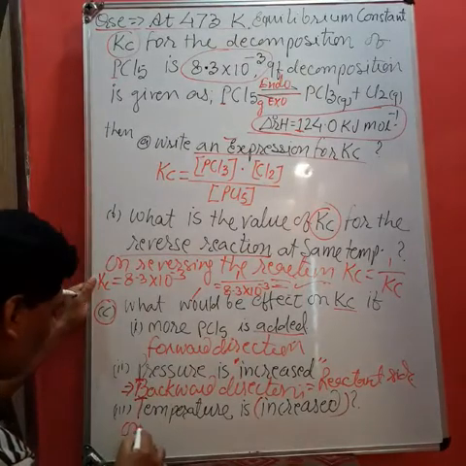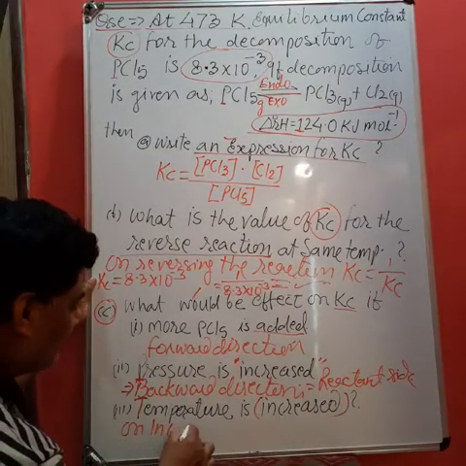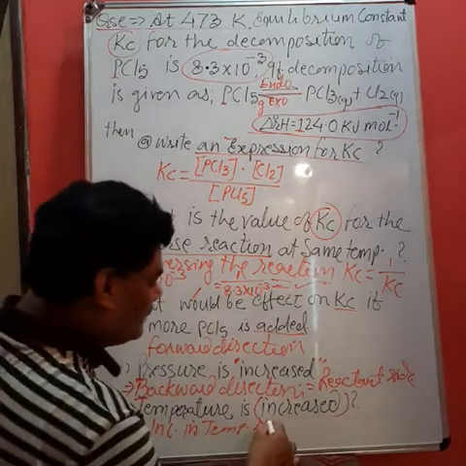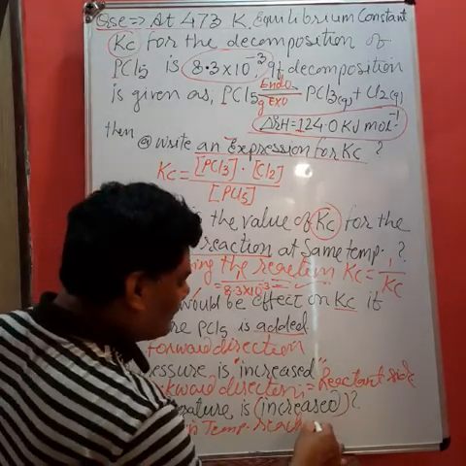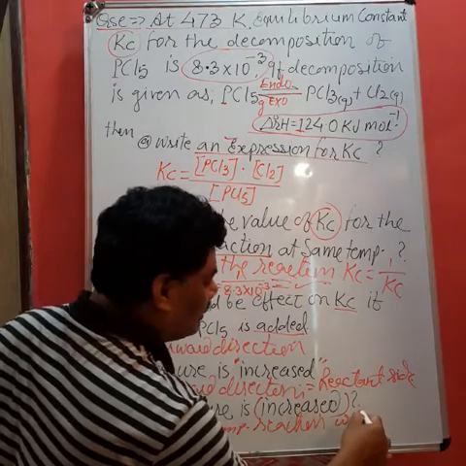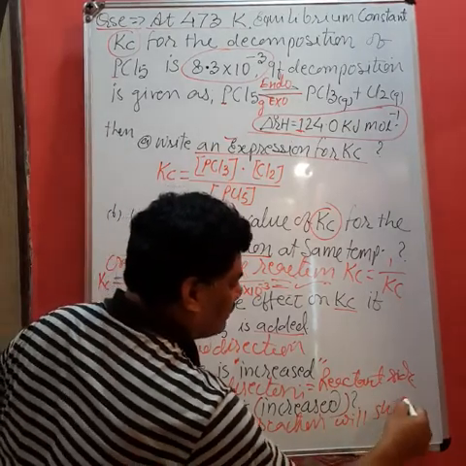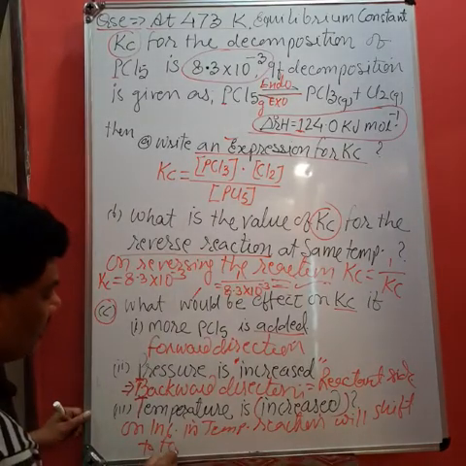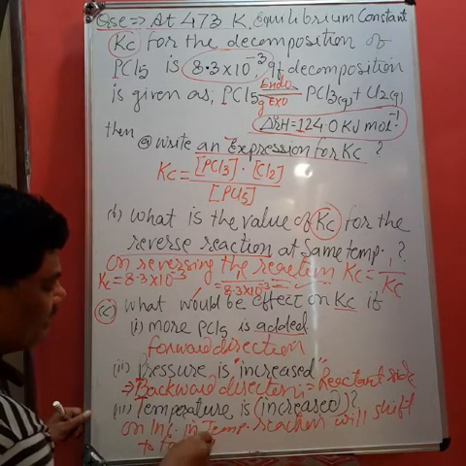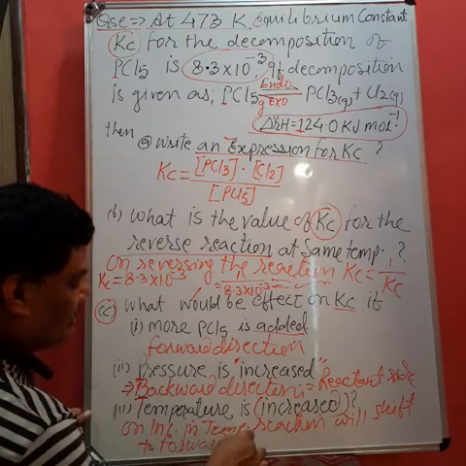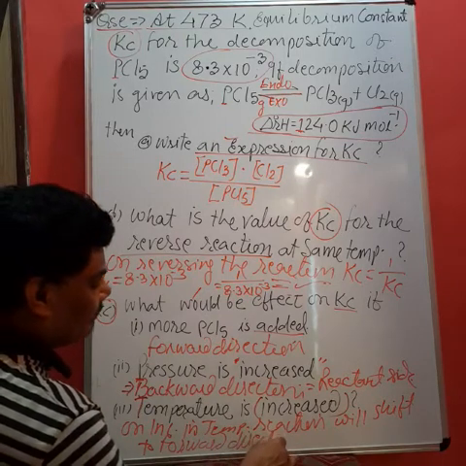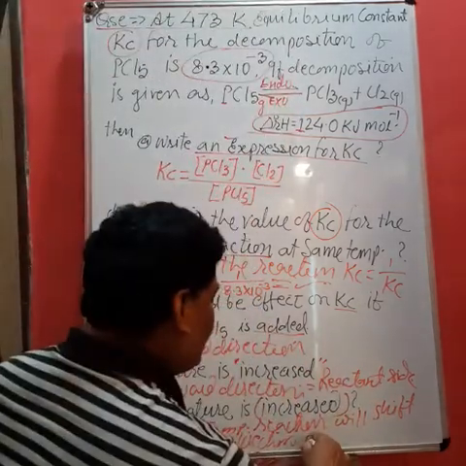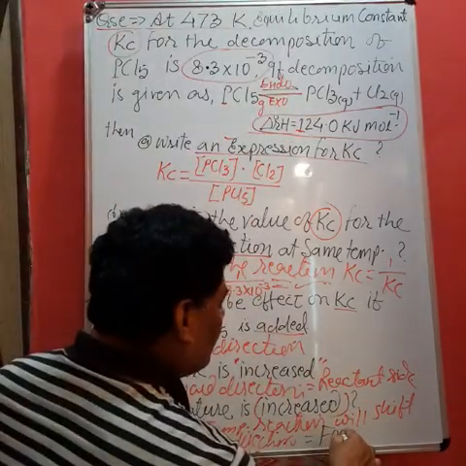On increase in temperature, the reaction will shift to which direction? Forward direction, because at present the forward direction is the endothermic direction. So for this you can simply write the reaction will shift to the forward direction.